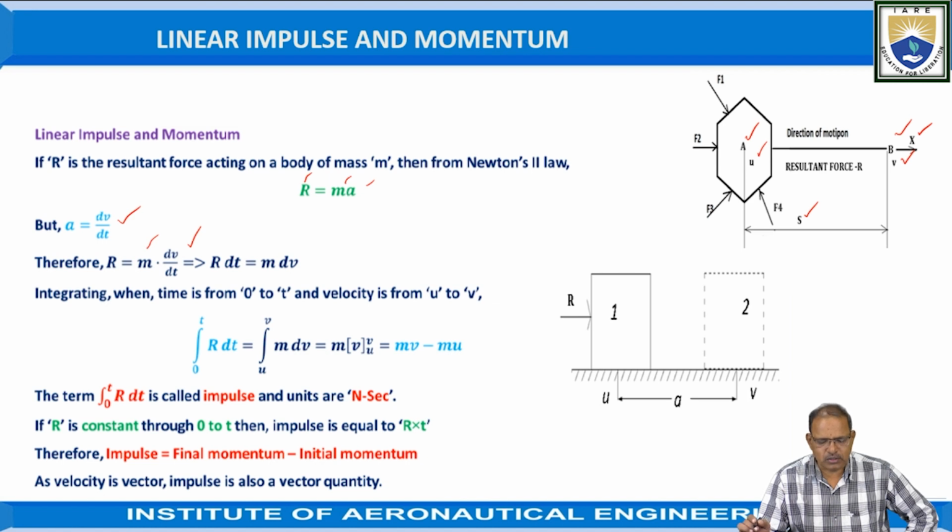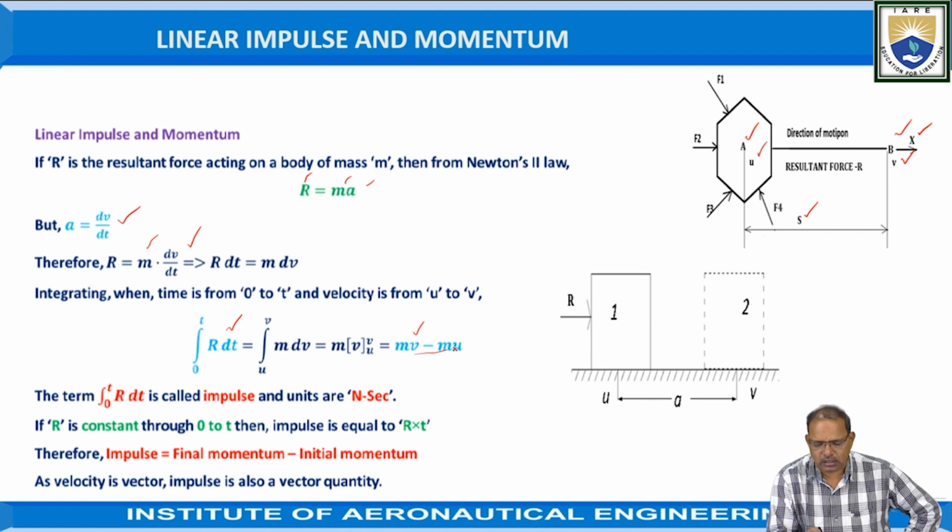On integrating these equations from 0 to t, the velocity also changes from U to V as shown in the figure. It can be written as the integration of R dt from 0 to t is equal to the integration of M dV from the limits U to V, which is equal to MV minus MU.